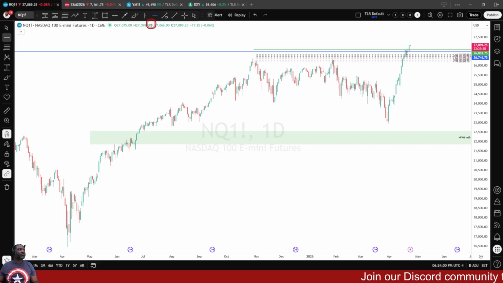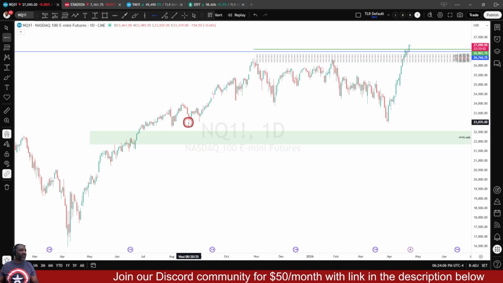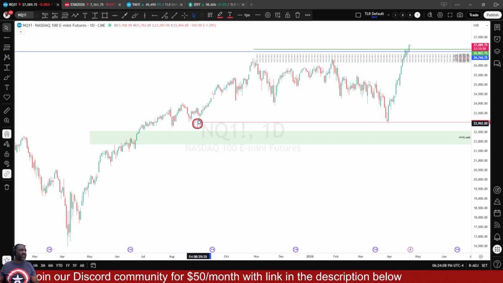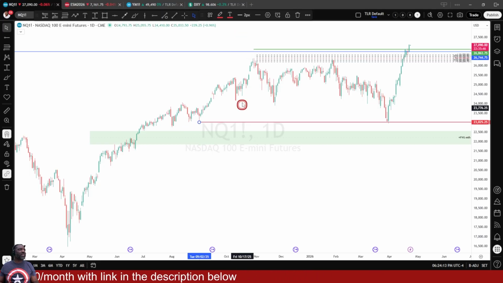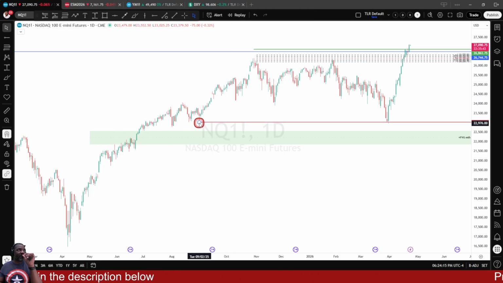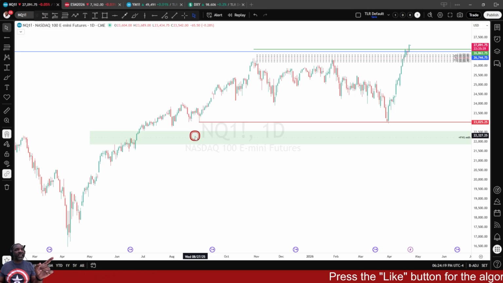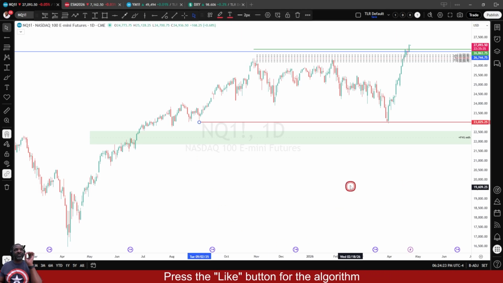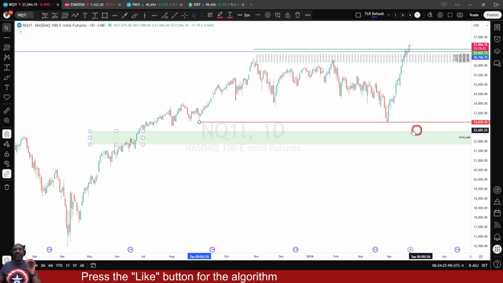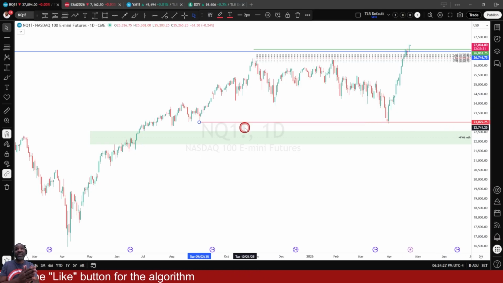So if we come over here to September, right here, September the 2nd, that's August. So September the 2nd, right there, we see that the low in September was created right there at that 23,025 and a quarter. That's where B adjust is off.